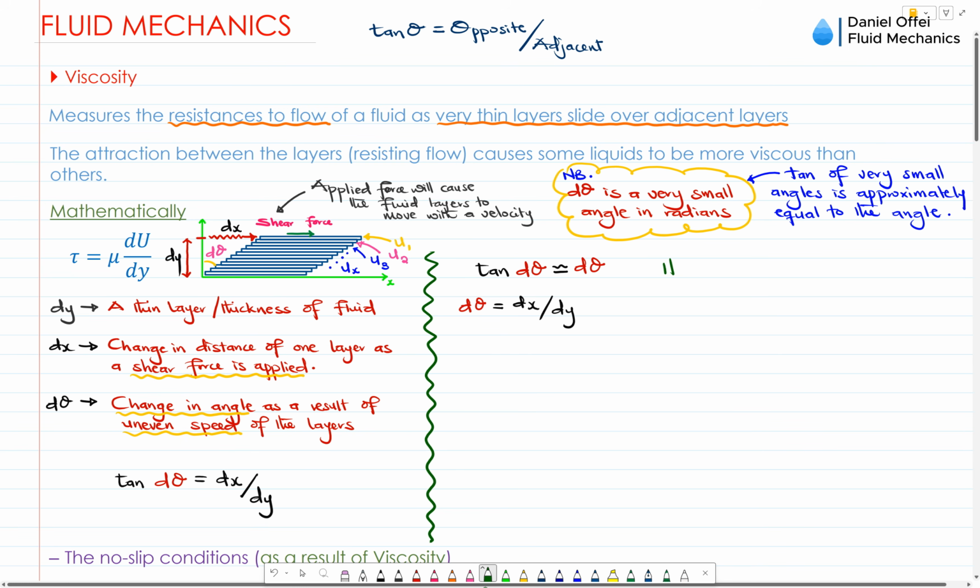We also know from physics that the change in speed in any substance is equal to the change in distance over the change in time.